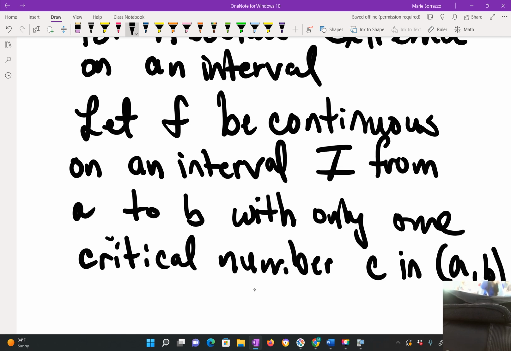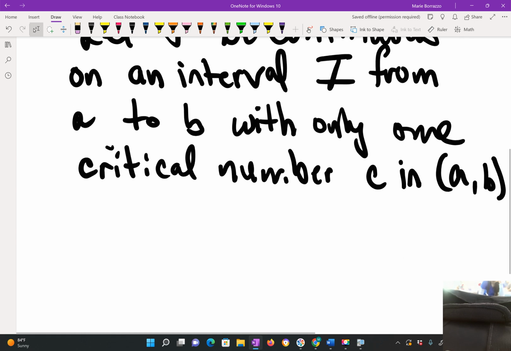So remember, a and b are both x values, so just a domain.